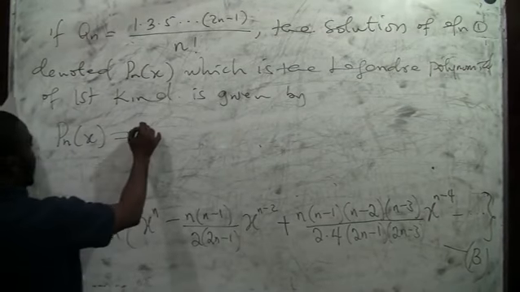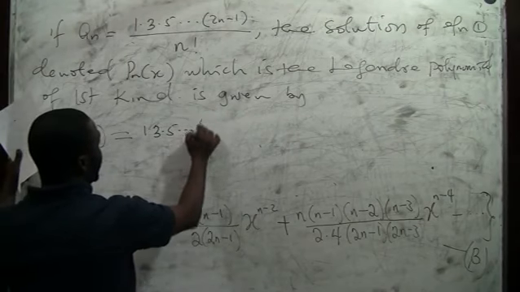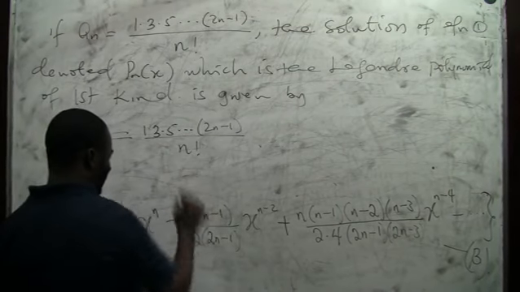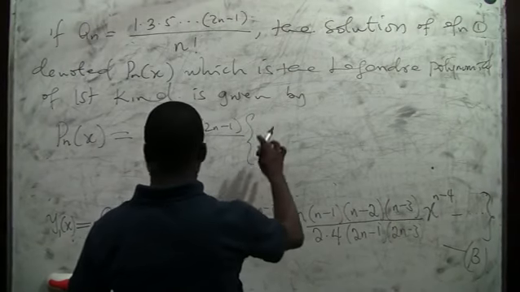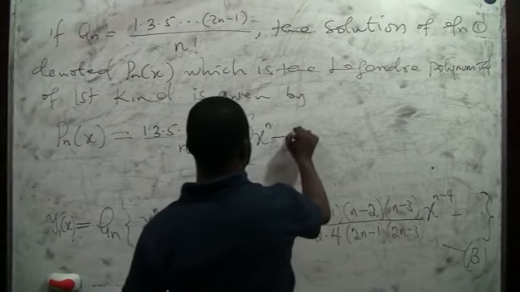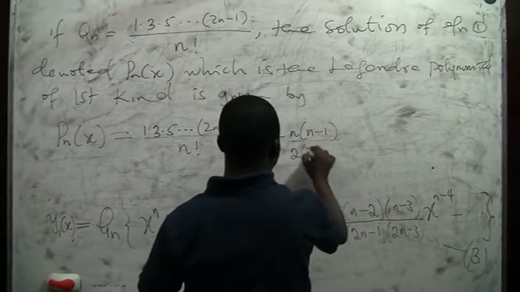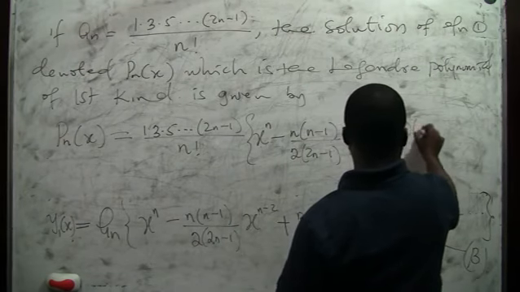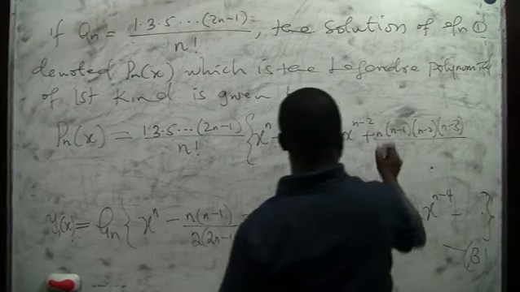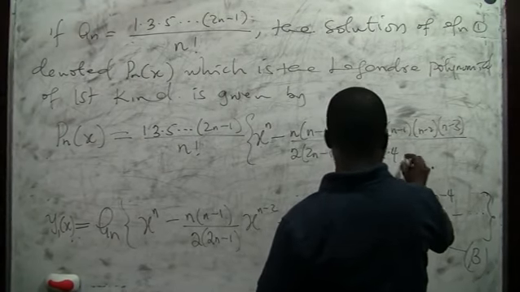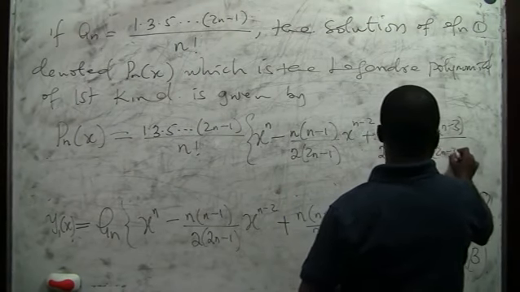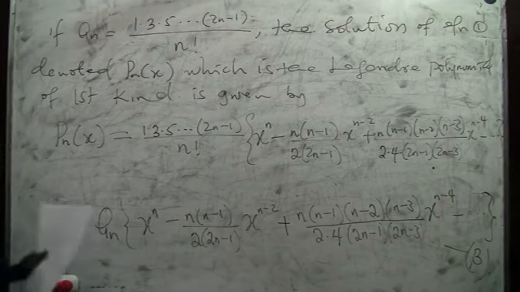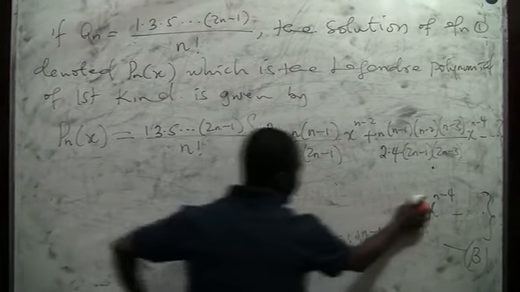So equals 1 multiplied by 3 multiplied by 5 up to (2n minus 1) divided by n factorial into x raised to power n minus n into (n minus 1) divided by 2 into (2n minus 1) x raised to power n minus 2 plus n into (n minus 1), (n minus 2), (n minus 3) divided by 2, 4, (2n minus 1), (2n minus 3), x power n minus 4 minus dot dot dot, and that is the general form of the Legendre polynomial of first kind.